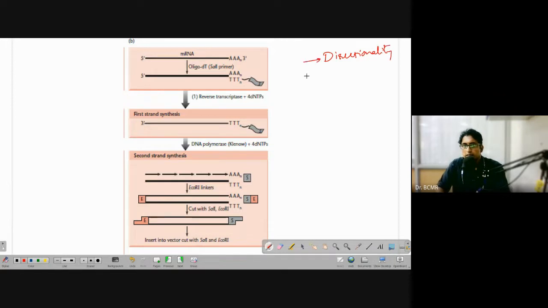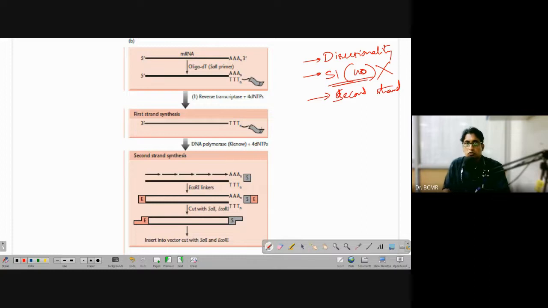And the second thing is to get the complete second strand, the complete DNA, and we don't want to use S1 nuclease. I hope you understood that we don't want to use S1 nuclease and still be able to synthesize the second strand.